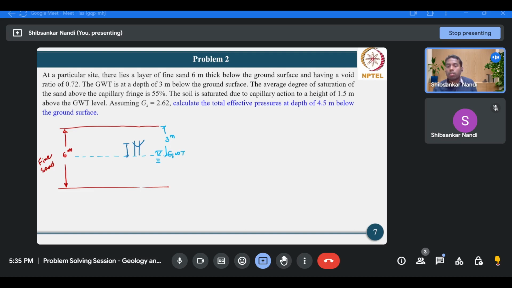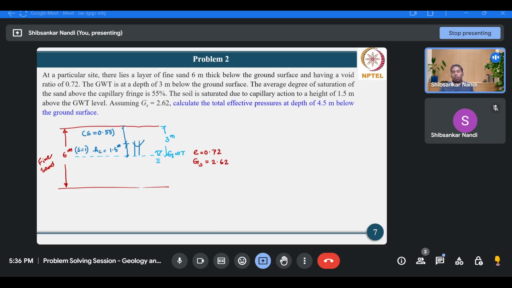So this distance is 1.5 meter. And for the remaining 1.5 meter, here S equals 0.55 only, while in the capillary zone S equals 1. Then the void ratio is given as 0.72 and Gs value is given as 2.62.